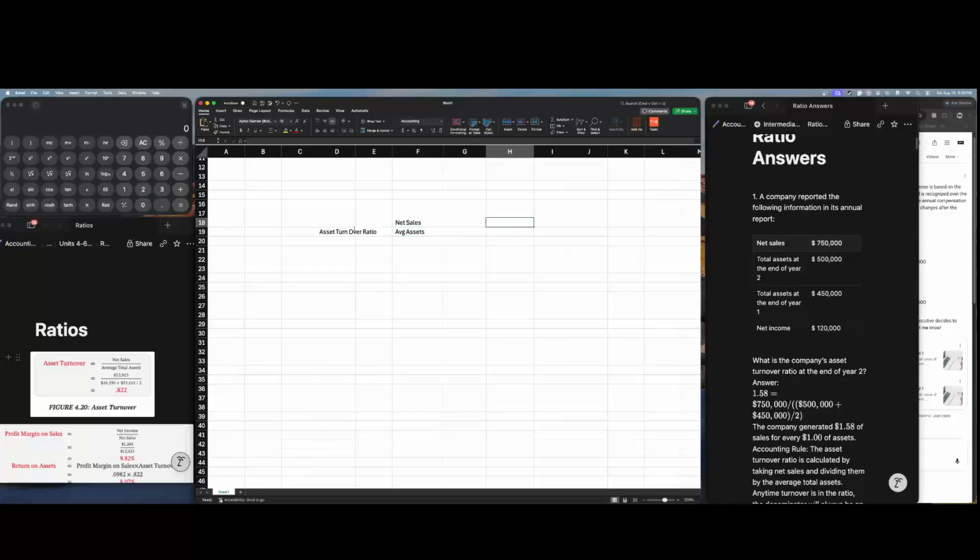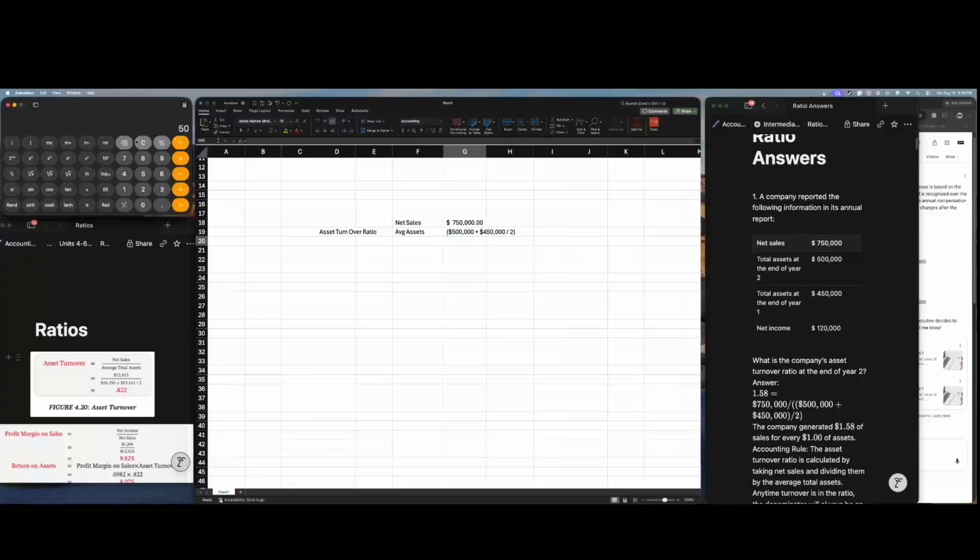So to get the average assets, you take the beginning inventory and the ending inventory from the previous year's beginning inventory for next year, 150 divided by 2.